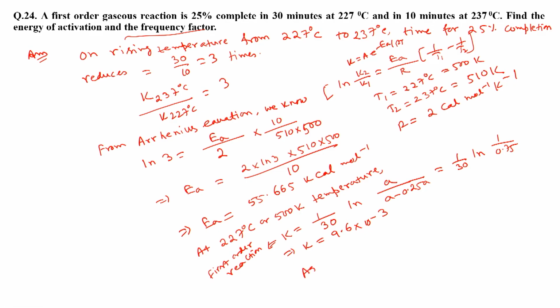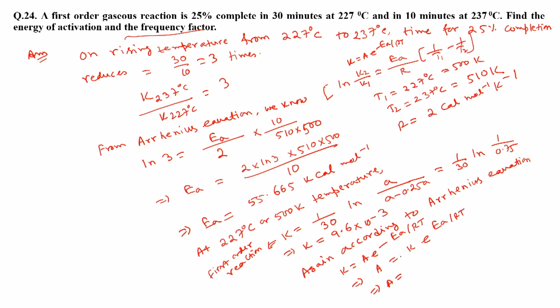So again, according to the Arrhenius equation, K is A e to the minus EA by RT. So, the value of A is K times e to the EA by RT.